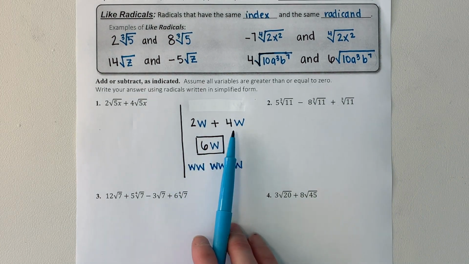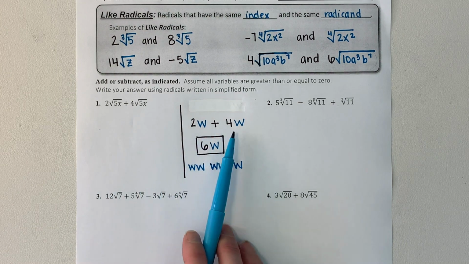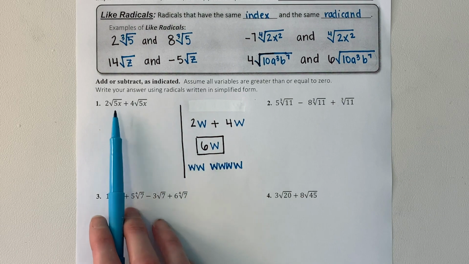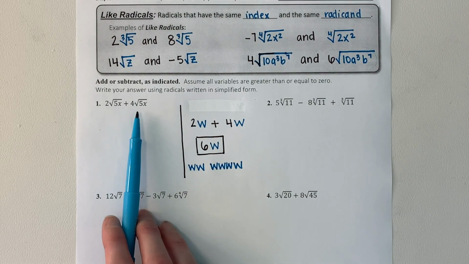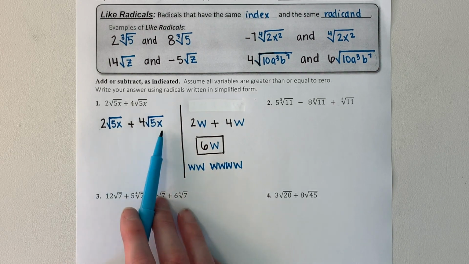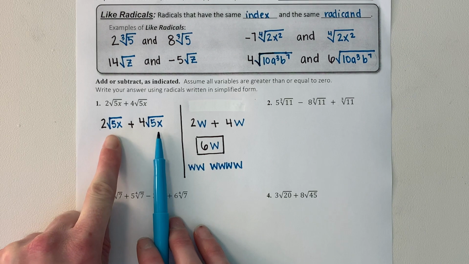Like terms are very similar to like radicals. Just like we can only add or subtract terms if they are like terms, we can only add or subtract radicals if they are like radicals. I've started by copying down this exact original problem, but I've just color-coded it. Now we would say that these are like radicals because they have identical radical bases.